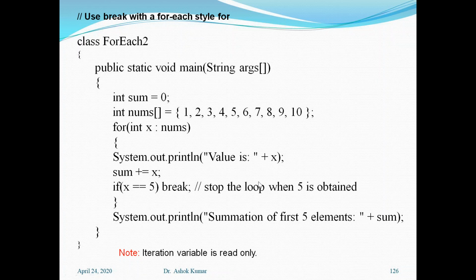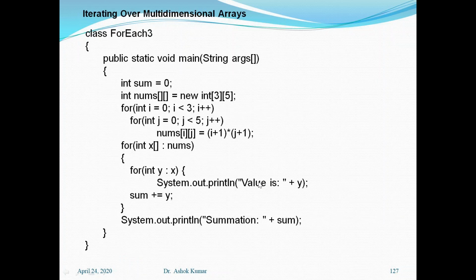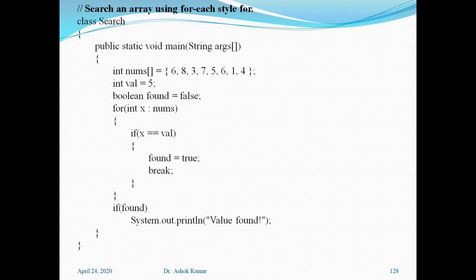This is the next problem on the same concept. In this problem, we are performing a linear search. We want to find out whether there is an element in the array or not. So here this is the array.